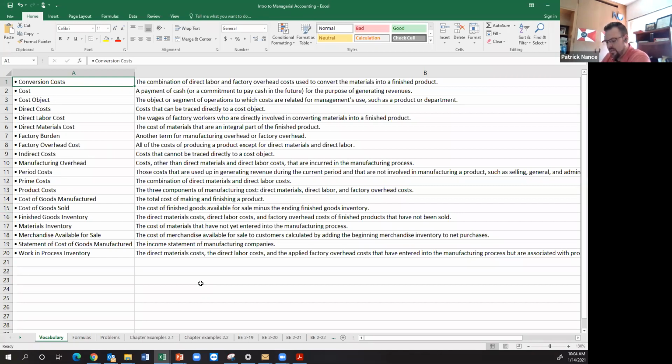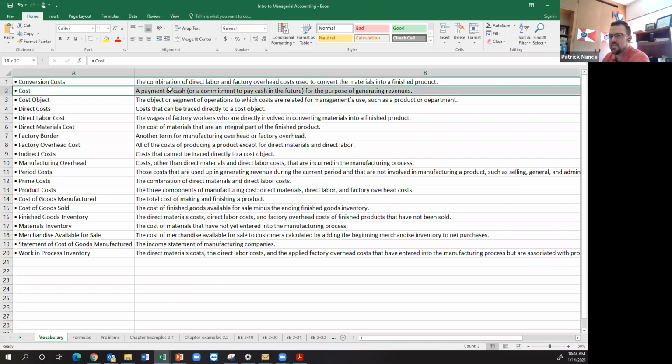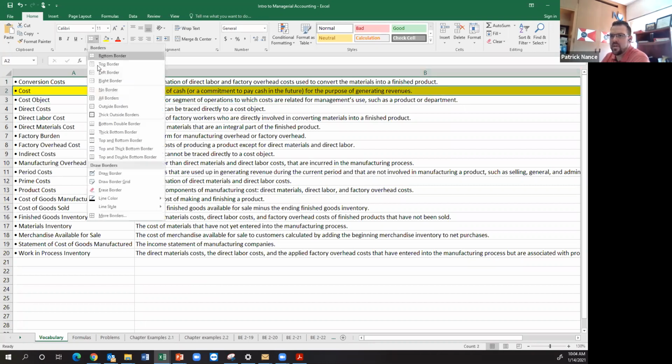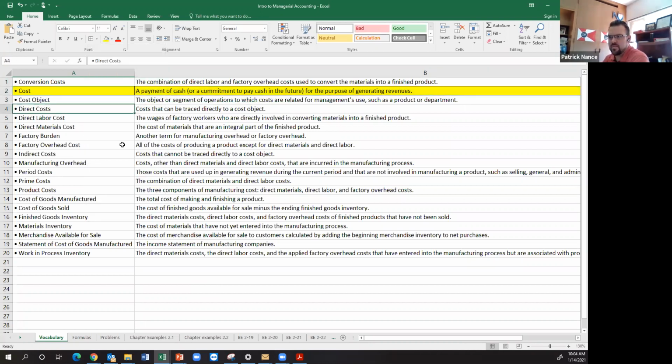So the first thing that the book talks about is a cost, and a cost is defined as a payment of cash or a commitment to pay cash in the future for the purpose of generating revenues. So it can be either paid now or it can be a promise to pay later, which would create what we call a liability in accounting. But the big part is that the purpose of it is to generate revenue.